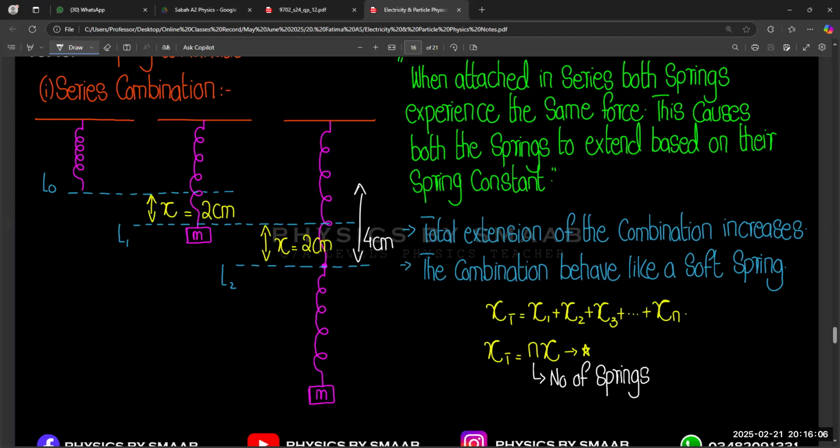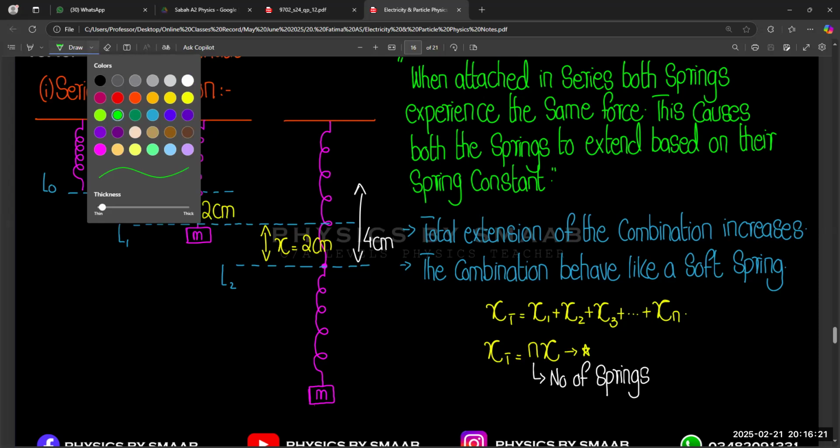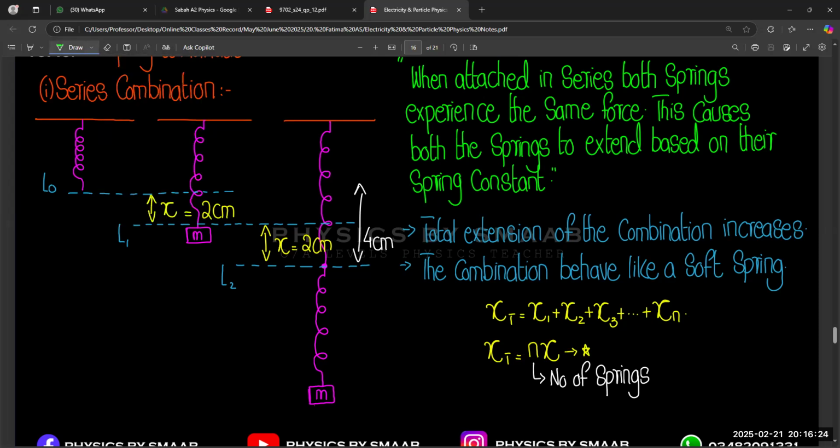And if we want to find out the final value of k, and let's suppose if we add three springs just like x1, x2, x3, then xn, in the same way, we can write the equation for the value of k, 1 over kt equals 1 over k1, 1 over k2, 1 over k3, up to 1 over kn. So this is the equation for the value of k.